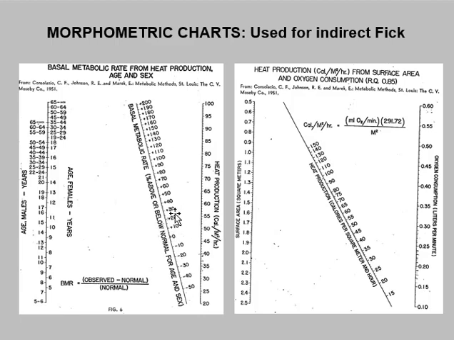Knowing our heat production, say we take it to be 35, and we know our surface area, take it to be any value, whatever it is, you draw an intersecting line between those 2 points to derive your oxygen consumption. And the process, it's as simple as that once again. You do it a few times, you'll always remember it.